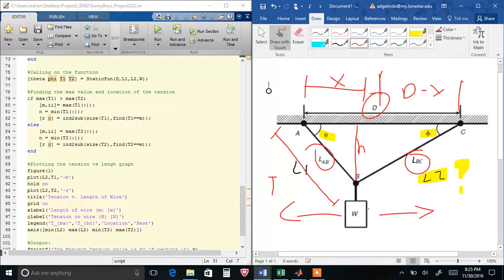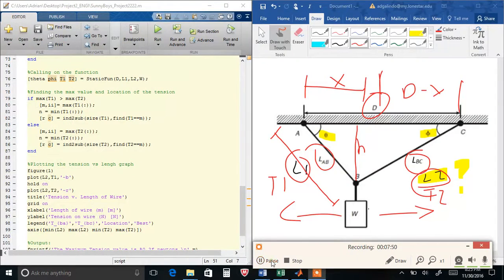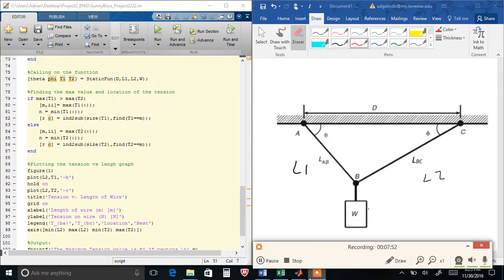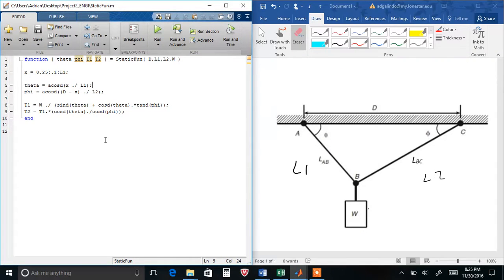T1 is the tension for length 1, and T2 is the tension for length 2. So we'll take a look at our function right now. This is our function right here.